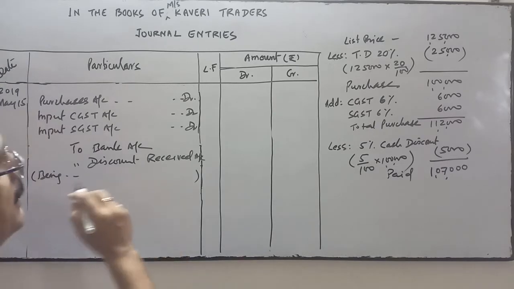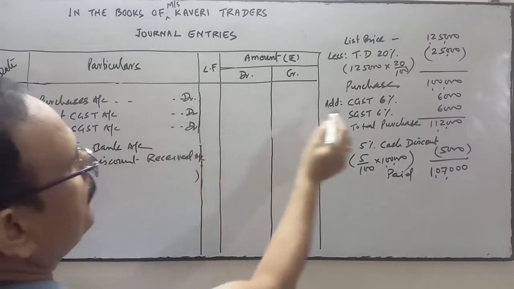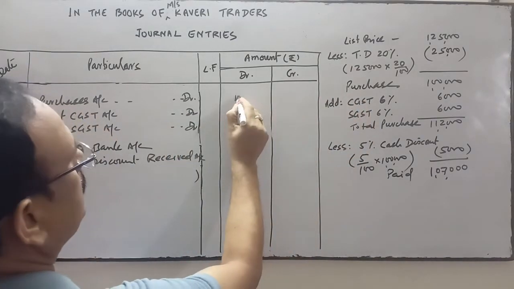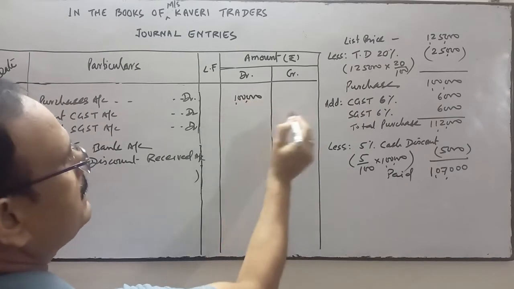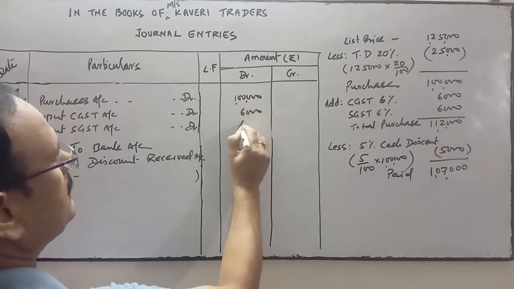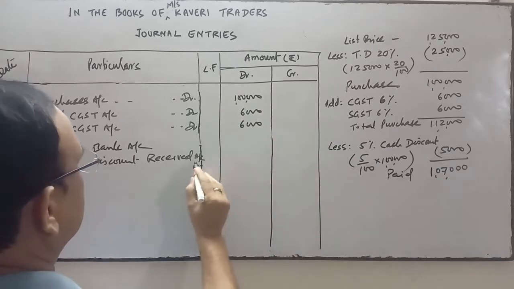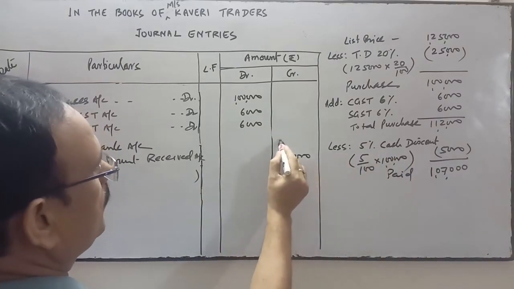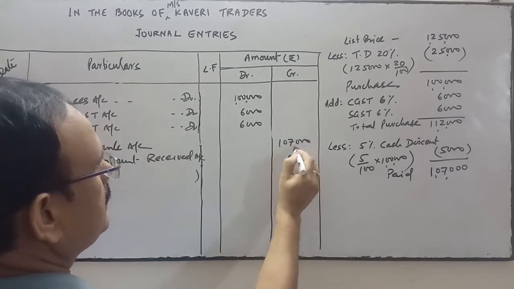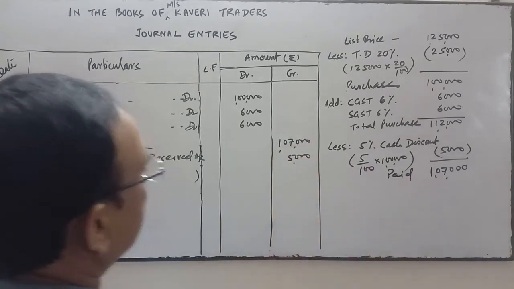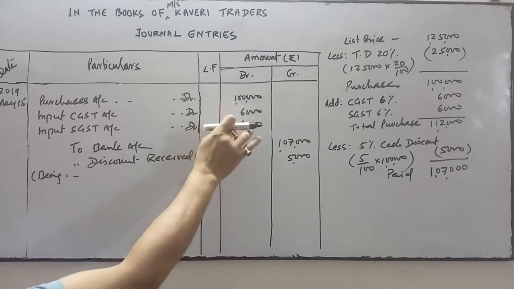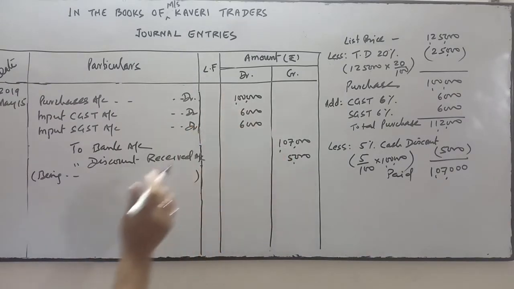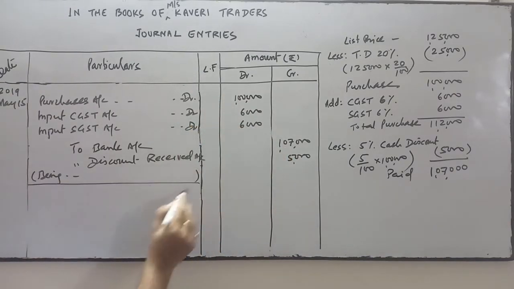This will be the narration. So purchase account debit with 1 lakh, 6,000 CGST, 6,000 SGST, 5,000 is the cash discount, and 1,07,000 is the payment. Both side total is 1,12,000 and 1,12,000. Is it clear?